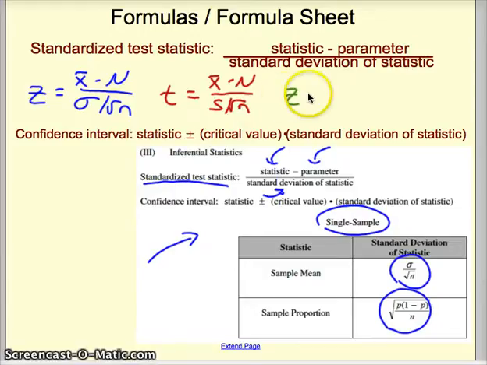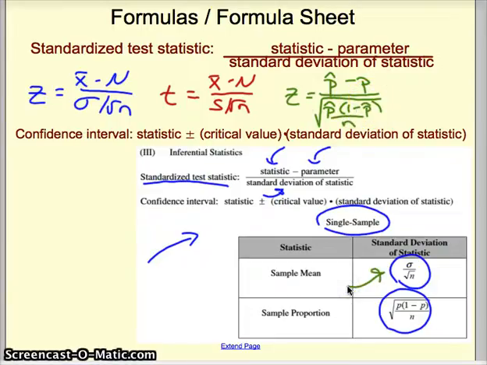We'll be back to z, but it'll be p hat minus p, estimate minus parameter, divided by standard deviation, the square root of p hat times 1 minus p hat over n. And you'll notice that what I wrote up there doesn't look exactly like what's on the formula sheet, so you have to get used to the need to replace sigma with s and replace p with p hat where necessary.